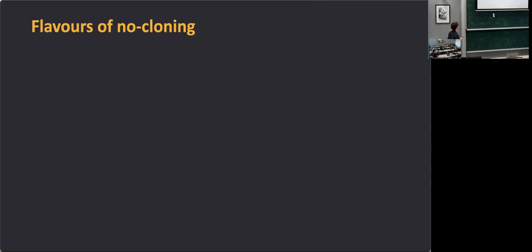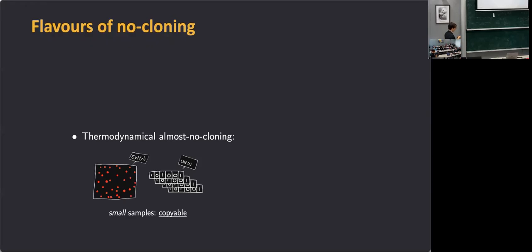What comes out of this is that imposing this free energy bound gives a flavor of no cloning, which I call a thermodynamical almost no cloning theorem. The idea is that with the free energy bound, it's impossible for the players to copy an exponentially large state at all.